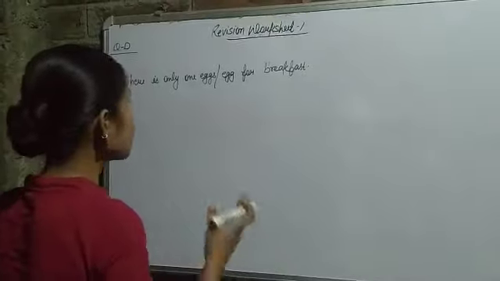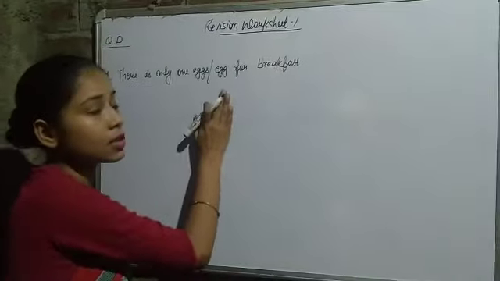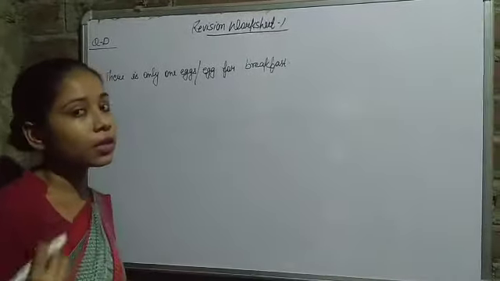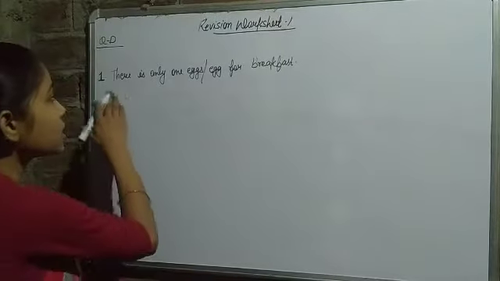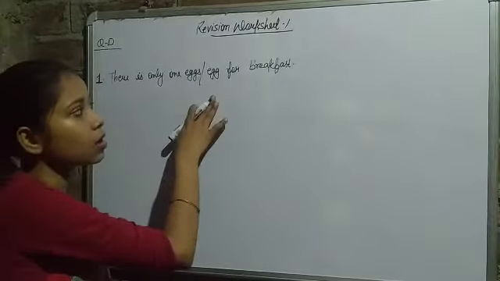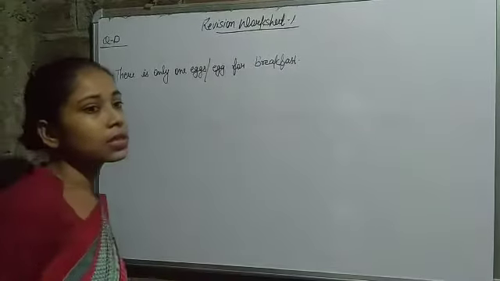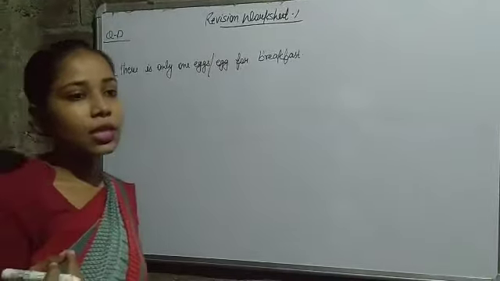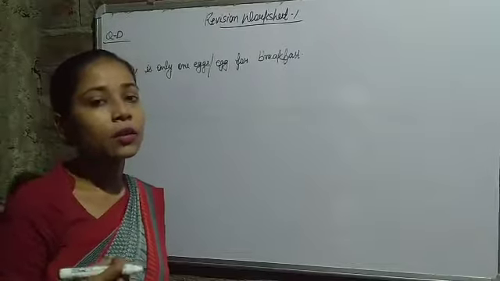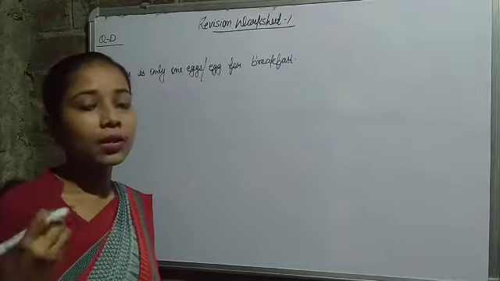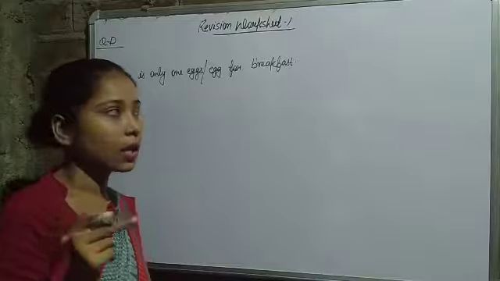Now we have to choose whether the word eggs or egg is correct here. What is written here: there is only one egg or eggs for breakfast. तो one है, it means अगर हमने वन शो कर दिया है, it is showing that we have one in a singular form. That means it shows that we have only one egg.